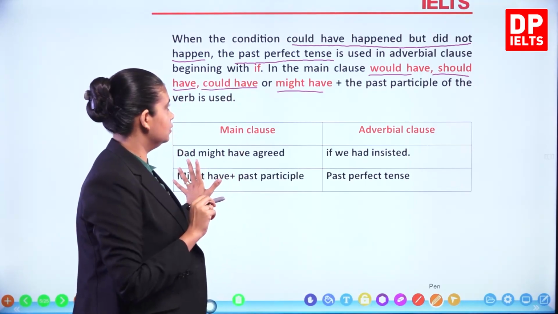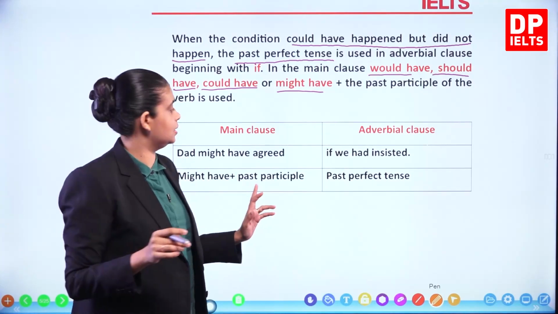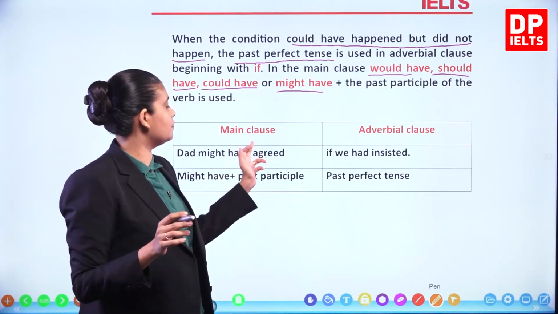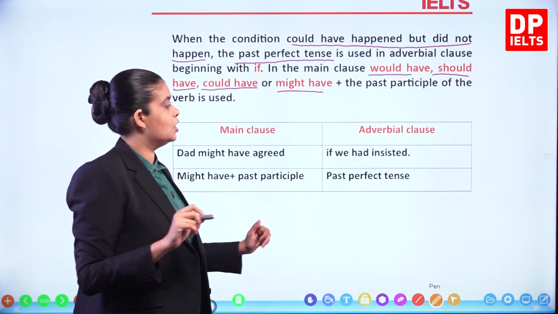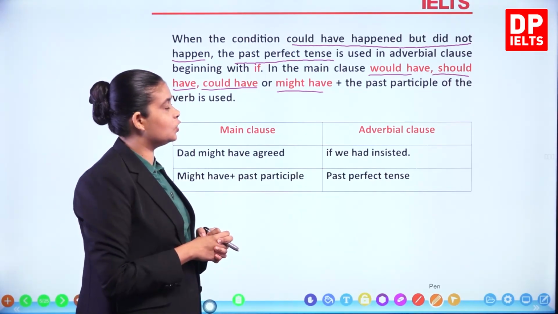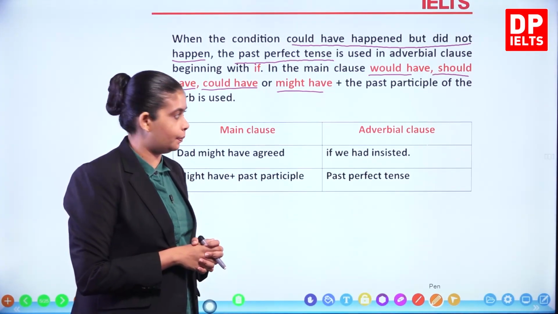Let's see what I mean by that. So here, this condition could have happened, but it didn't happen, right? Dad might have agreed if we had insisted, right? So the actual thing is it could have happened, but it actually didn't happen.